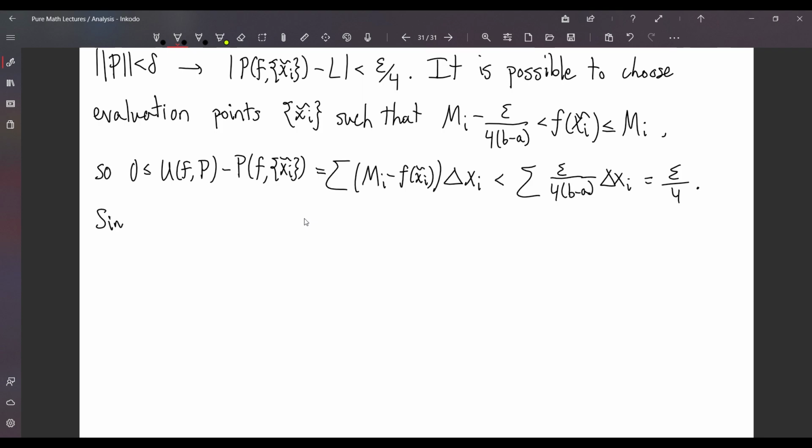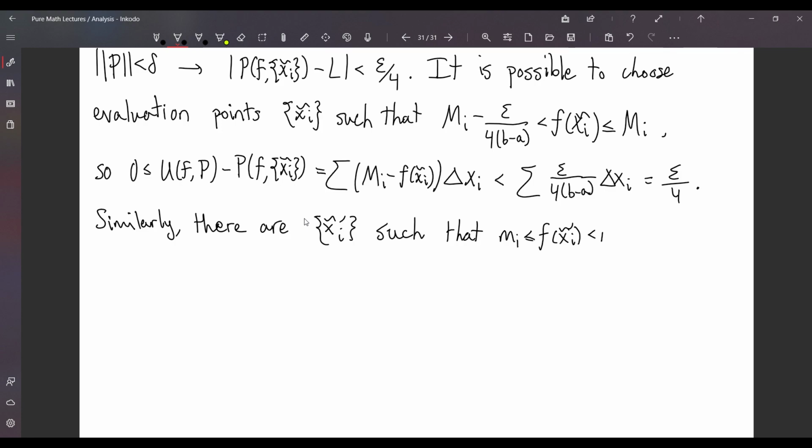Similarly, there are evaluation points, which I'm going to denote by x prime, such that essentially we have the opposite idea, that we are as close to the minimums as we want, right?